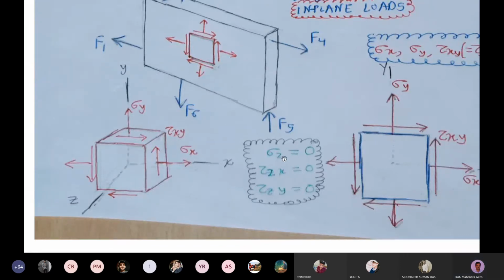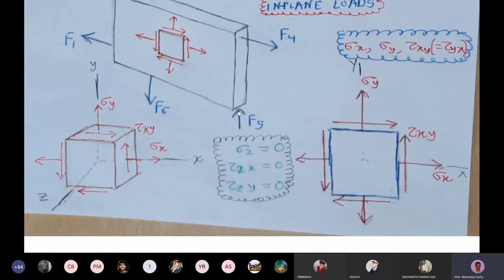What is missing is sigma z, tau zx, and tau zy. All these are 0. We only have sigma x, sigma y, tau xy, tau yx. So this is a state of plane stress. Out of plane, there are no stresses acting. Out of plane is the z direction, or the faces corresponding to the z direction. So this is a state of plane stress.